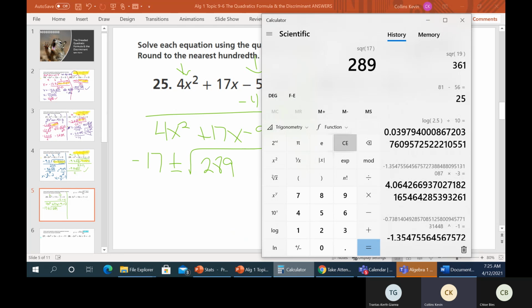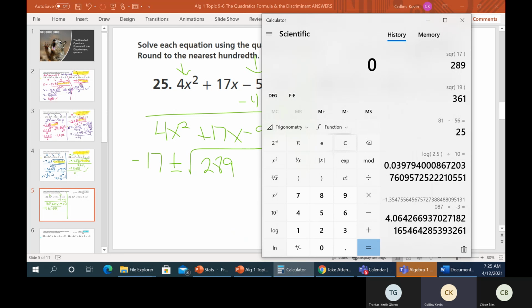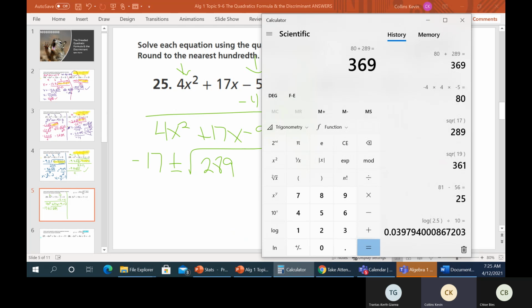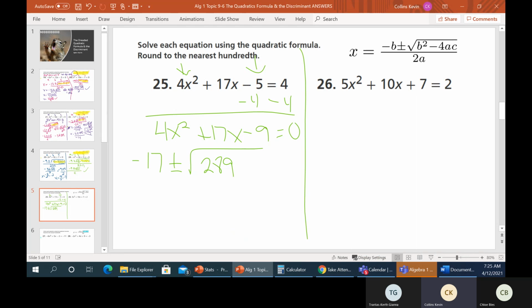Just to make it official, -4 times 4 times -5 gives me 80. And then 80 added to 289 is 369. And all that is going to be over 2 times the a value, which is 4.